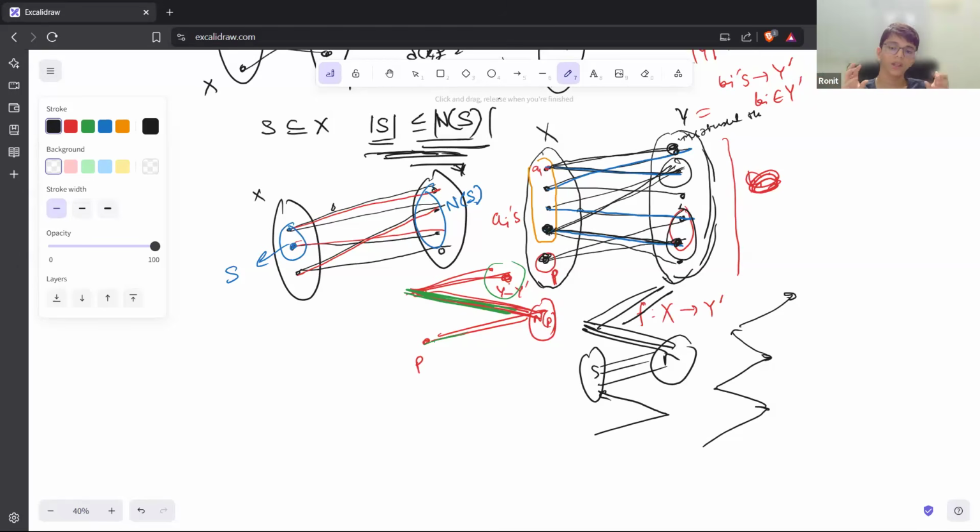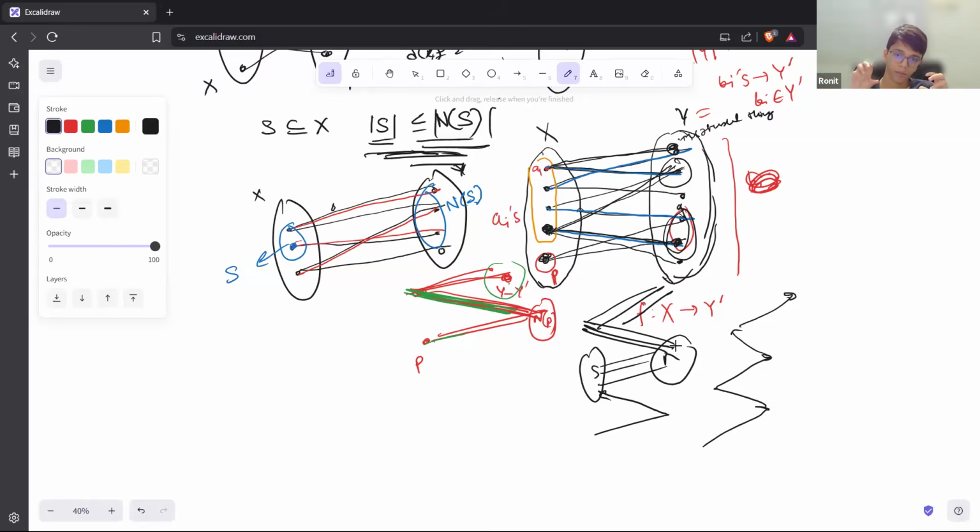So if the neighbor set of P has a vertex not in the matching, then we're done. Sorry, can you repeat? If in the neighbor set of P there exists at least one vertex which is not in the current matching, then we're done. And if there doesn't exist, how are we done?